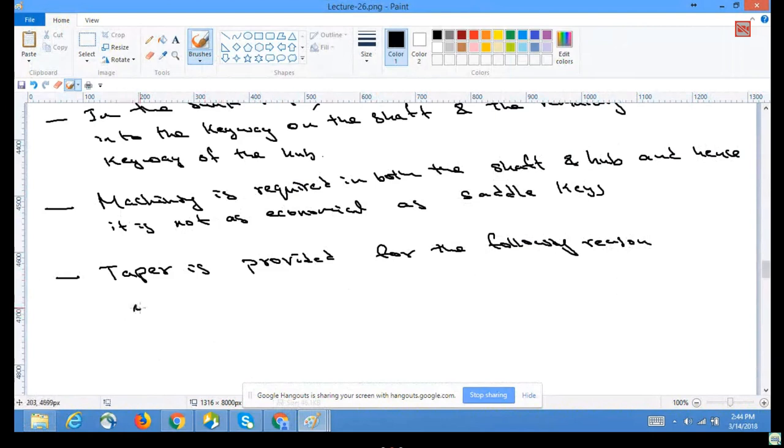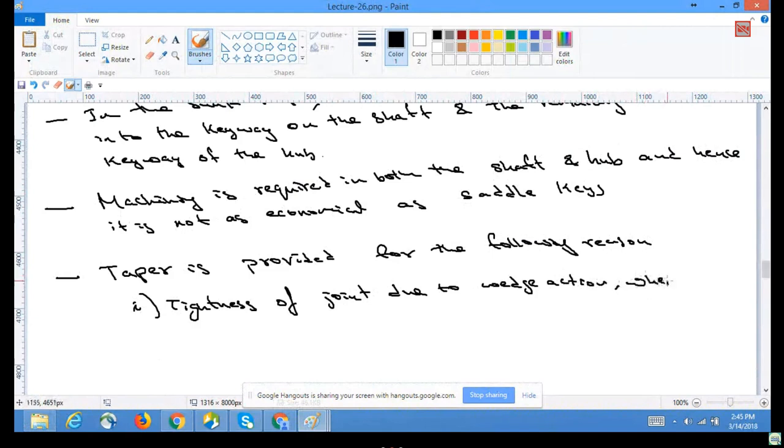First one is tightness of joint due to the wedge action when hit by the hammer.